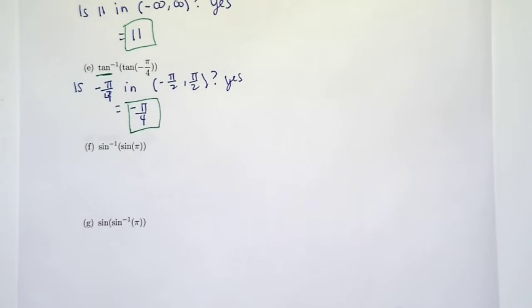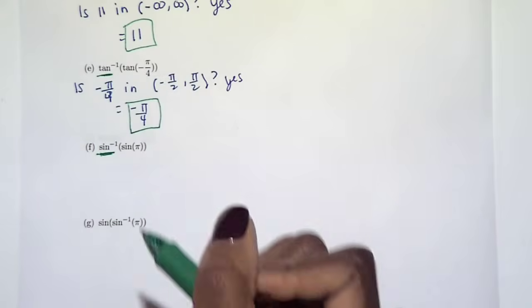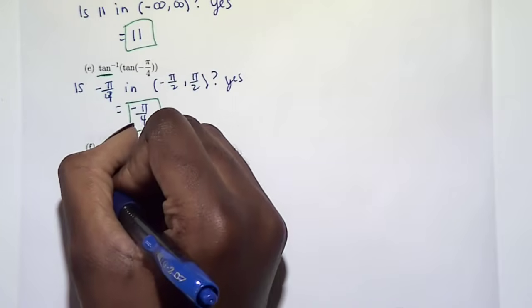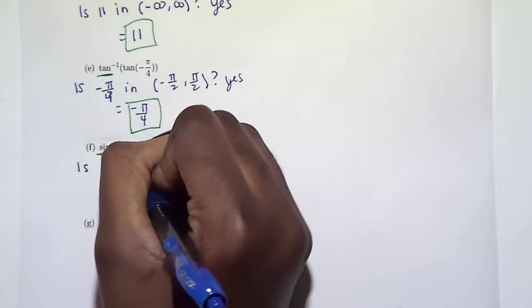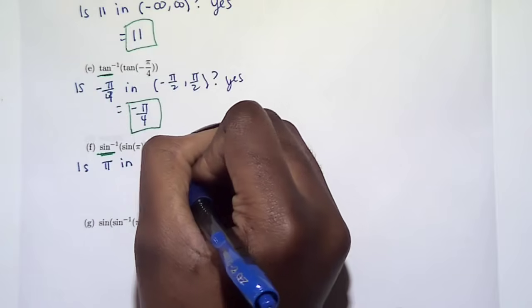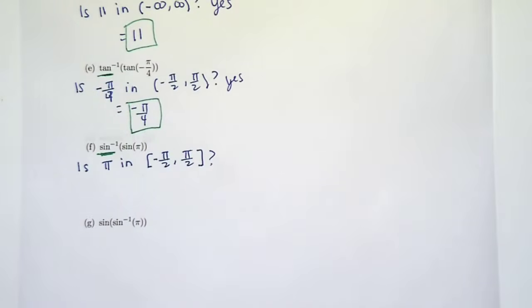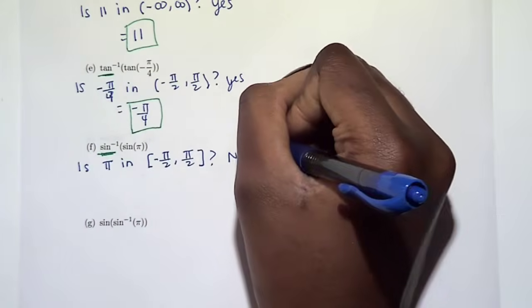Now let's look at the next one. Sine inverse of sine of pi. So here's our outside function. We know the range is from negative pi over 2 to positive pi over 2. So is pi in negative pi over 2 to pi over 2? The answer is no, it's not. So then what do we do?